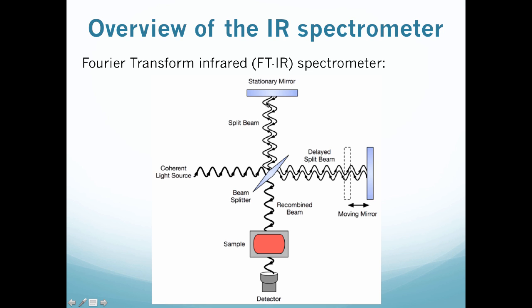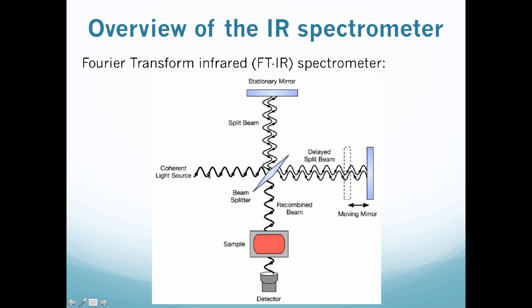And that split light beam, after it bounces off the mirror, it comes back and these two beams recombine and go down into the sample, or go through the sample. Now this moving mirror is continuously moving, and of course the stationary mirror stays, and this beam that passes through is always the same.